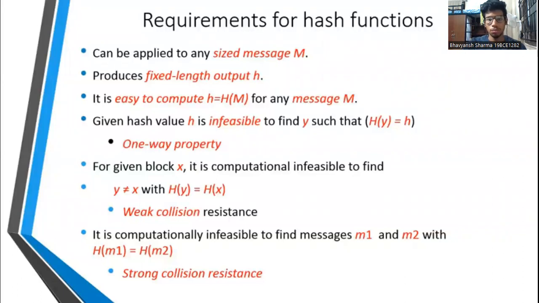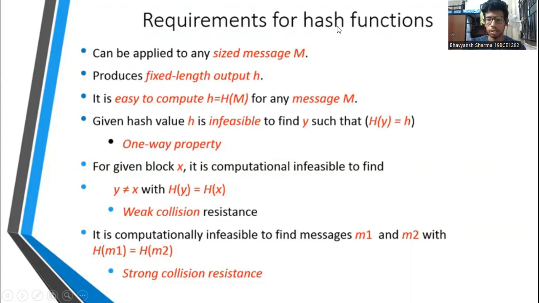So first of all, what is the requirement of hash functions? Whenever we do something, there should be a need for that. So the requirements for a hash function are: it should be applicable to a message that can be of any size.